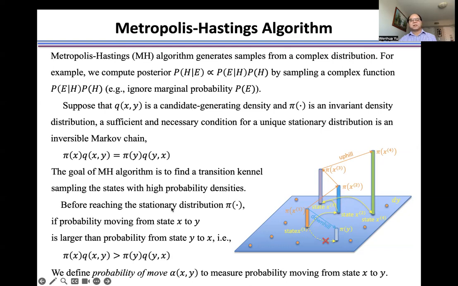Before reaching the stationary distribution pi, suppose the probability moving from state x to y is larger than the probability from state y to x, namely we have this inequality. We define the probability of a move alpha to measure the probability moving from state x to y.